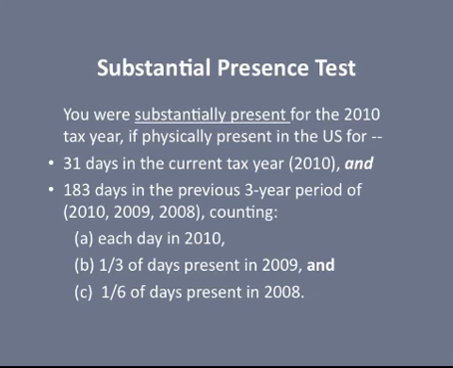For example, if you were filing for the 2010 tax year, this means you look at 2010, 2009, and 2008. You will count each day you were present in 2010, 1/3 of the days you were present in 2009, and 1/6 of the days you were present in 2008.